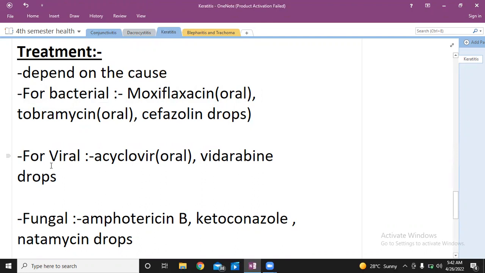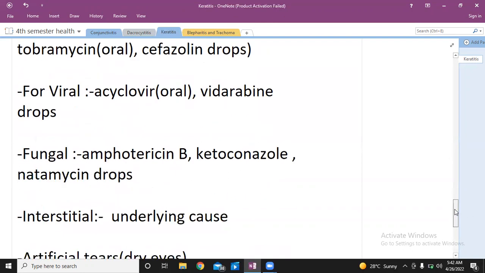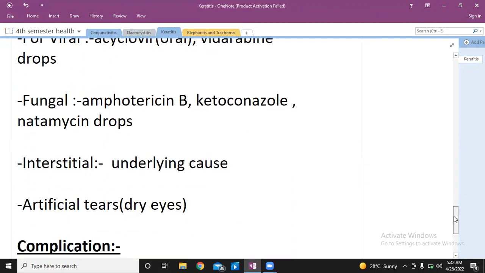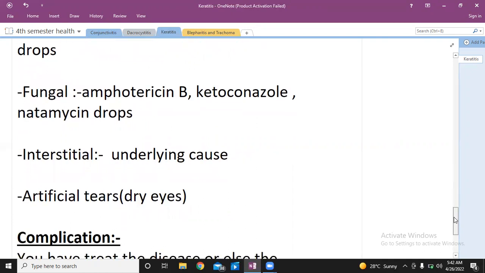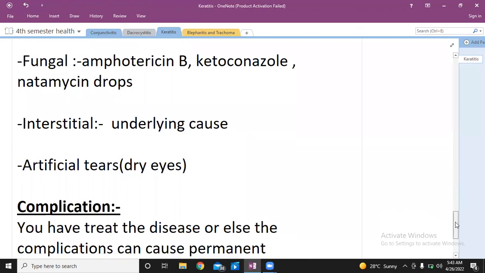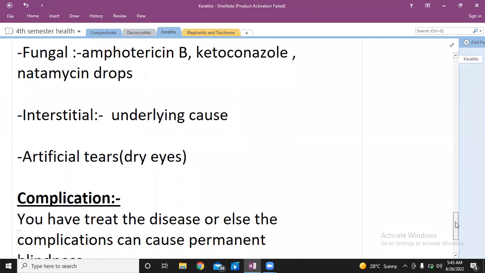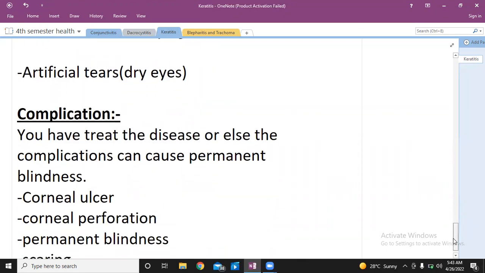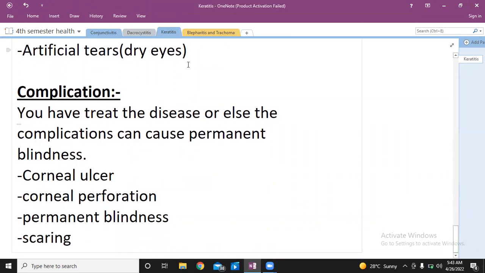For viral keratitis, use acyclovir with vidarabine drops, and for fungal, use amphotericin B, ketoconazole, and natamycin drops. Interstitial keratitis will be very much concentrated on treating the underlying cause. With all of these things, take the help of artificial tears and be aware of complications. It can lead to serious damage. Thank you very much for listening.